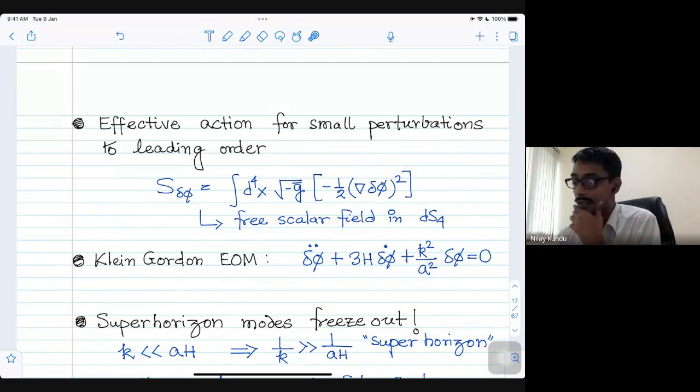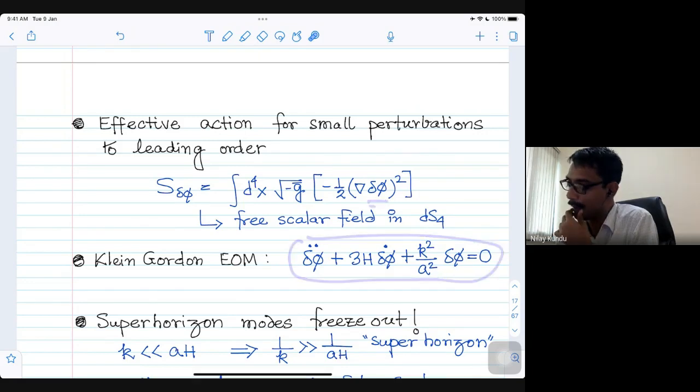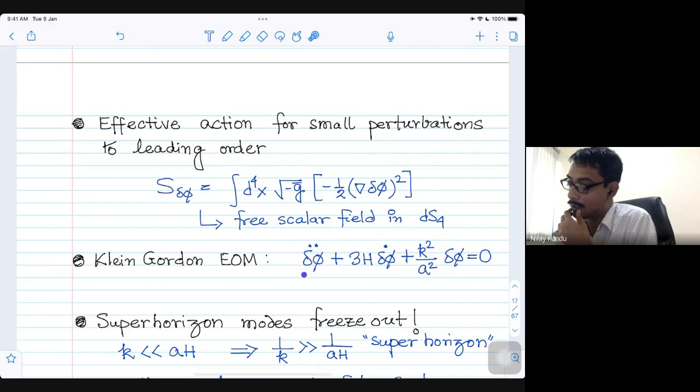This is the conformal perturbation field. If you look at the equation of motion, the Klein-Gordon equation of this scalar field just happens to be this. You should be familiar with this term and this term. This term is the two time derivative, and this part is the spatial derivative.